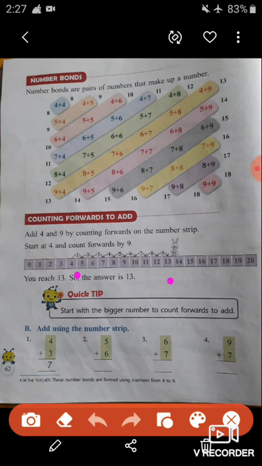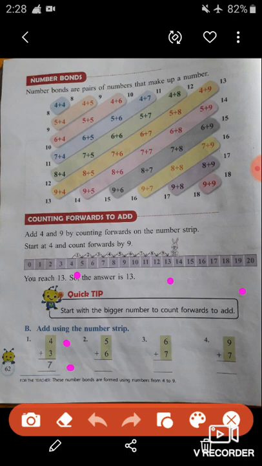Now quick tip, start with the bigger number to count forwards to add. So students, if two numbers are given, one is bigger and the other is small, then you have to start with the bigger number to count forward to add. For example, two numbers 4 and 3. So students, 4 is greater than 3.